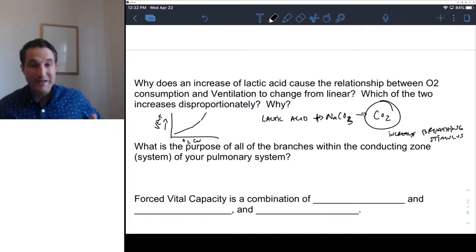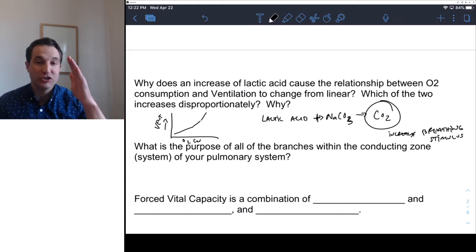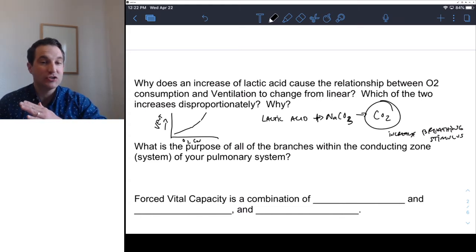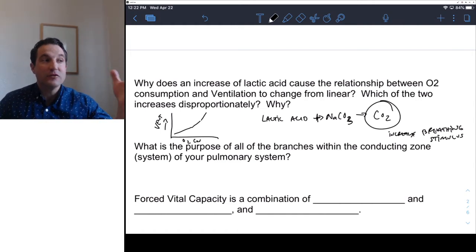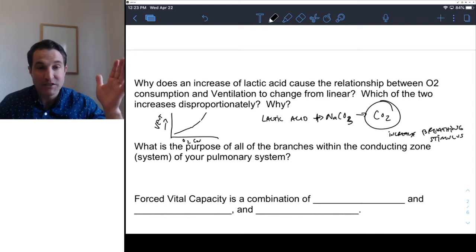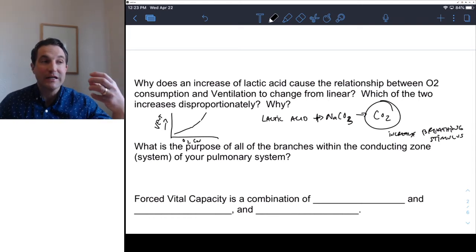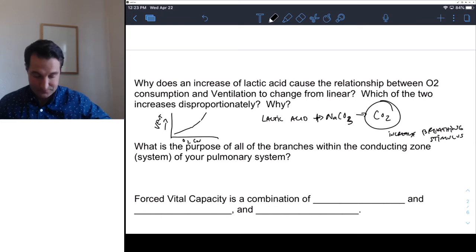So the reason that lactic acid changes our relationship between oxygen consumption and ventilation is because there are extra amounts of carbon dioxide that disproportionately increase our need for ventilation, outside of our need for oxygen consumption.